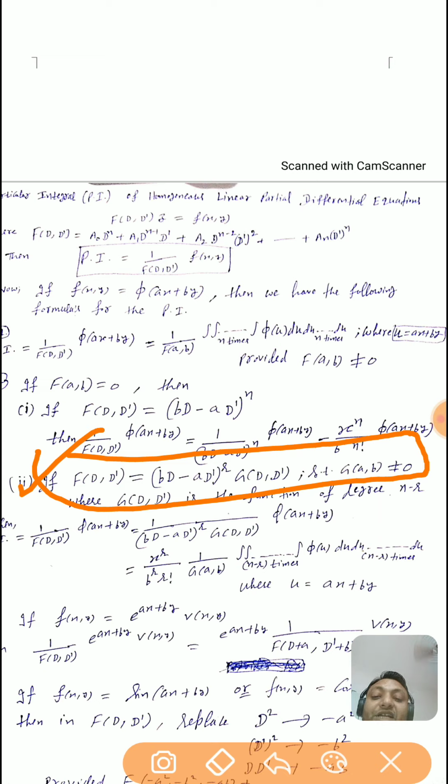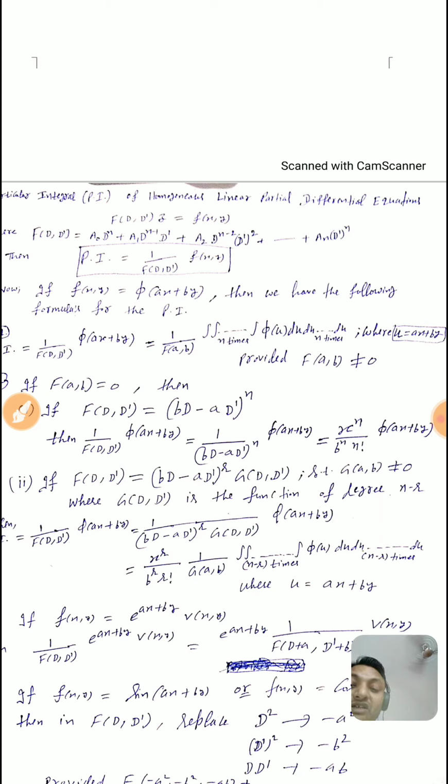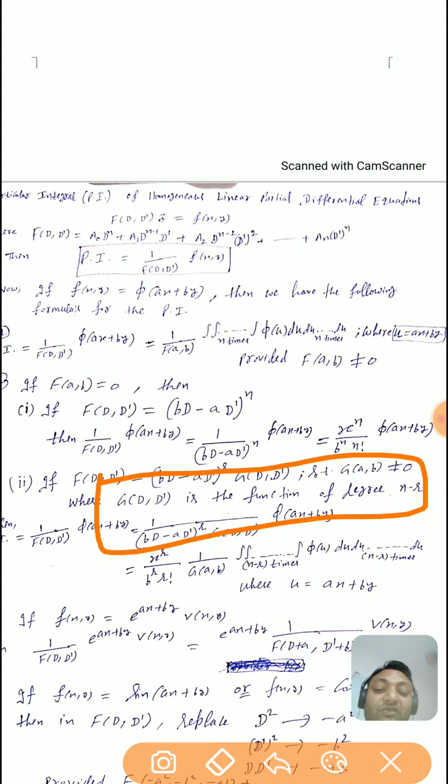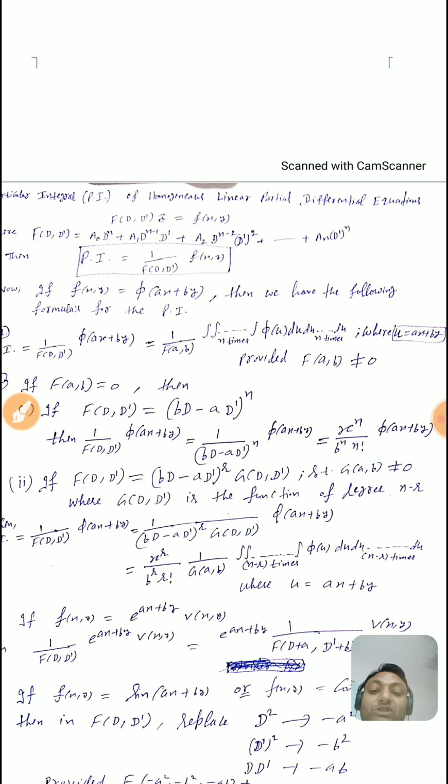So f(D, D') is equal to (bD - aD')^r into g(D, D') such that g(a, b) is not equal to 0. g(a, b) is not equal to 0 means that there is no root of the form bD - aD' in the function g(D, D'), where I have already told you that g(D, D') is the function of degree n minus r, because f(D, D') is the function of degree n.